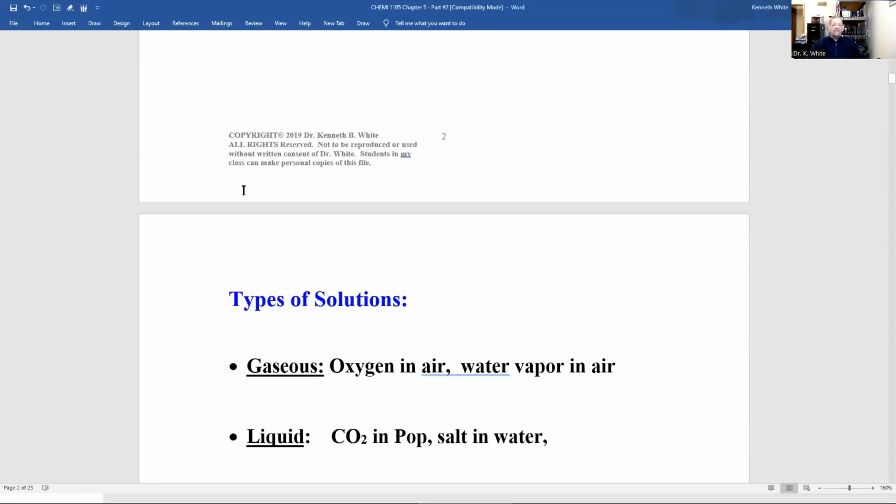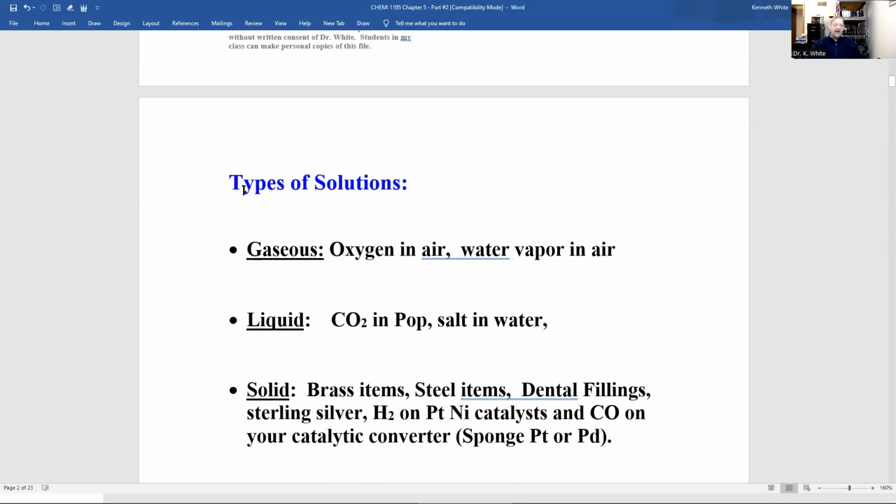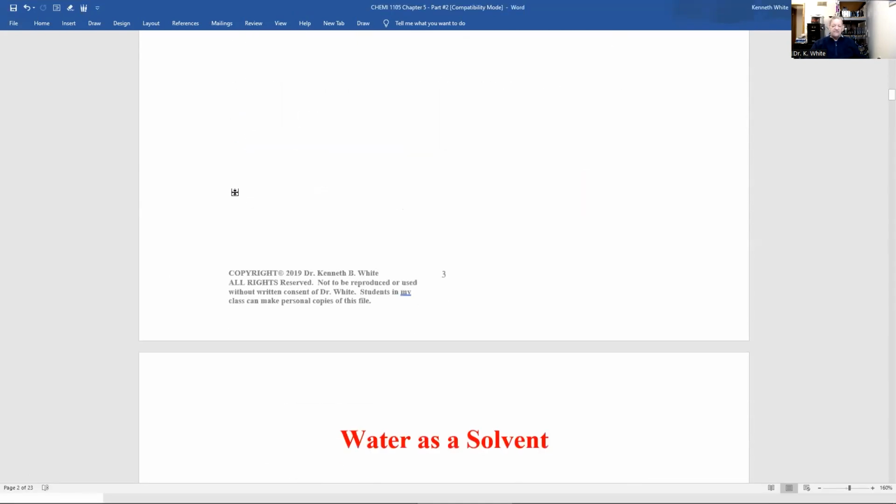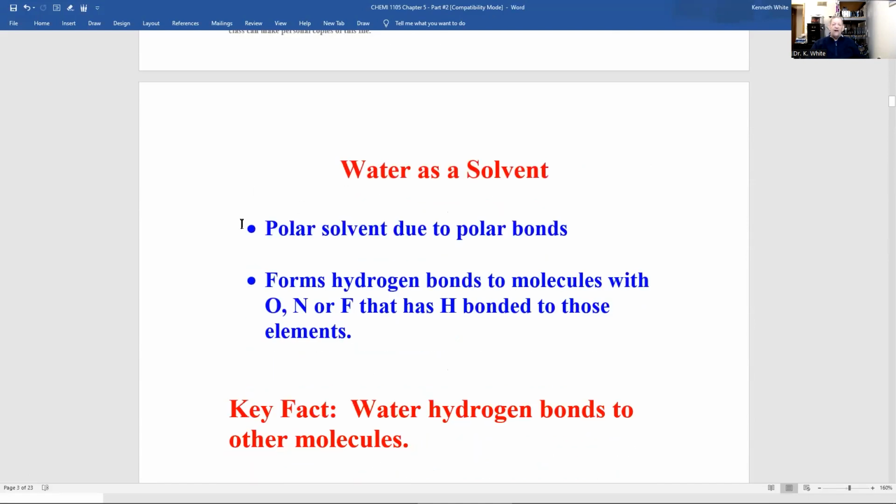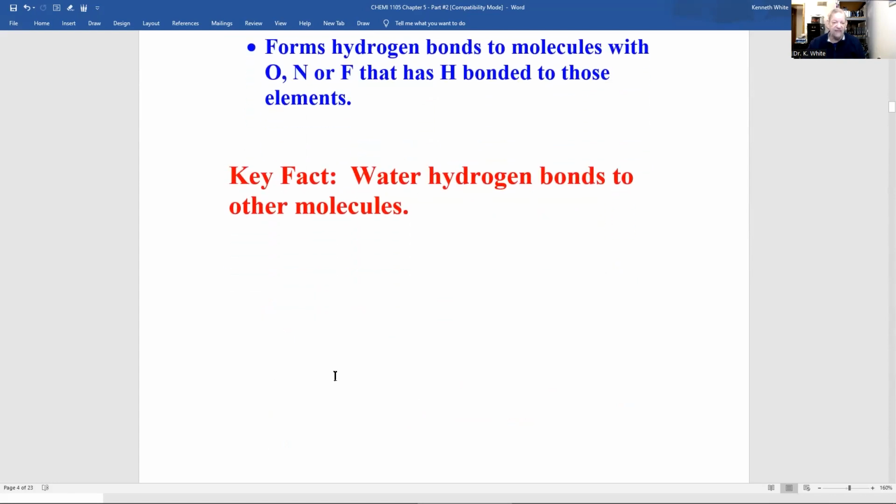All right. Now, there are different types. You can have gas, liquid, and solid. Water is a polar solvent, and it hydrogen bonds to molecules which have oxygen, nitrogen, and hydrogen. And water hydrogen bonds to itself. This helps in solubility.